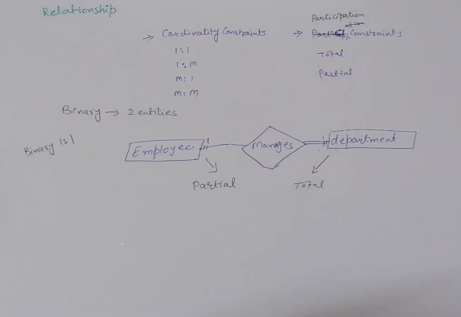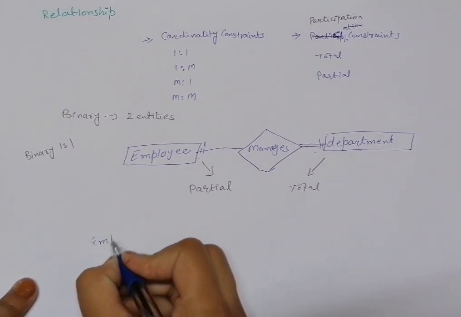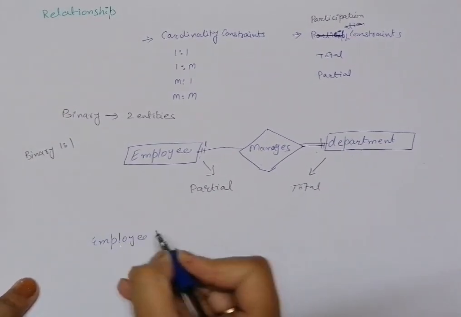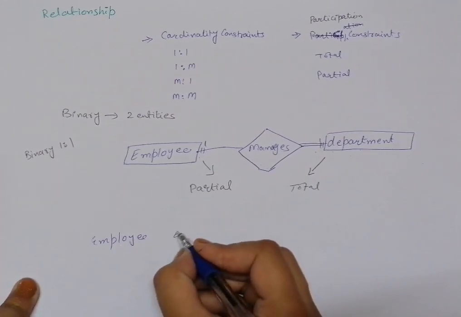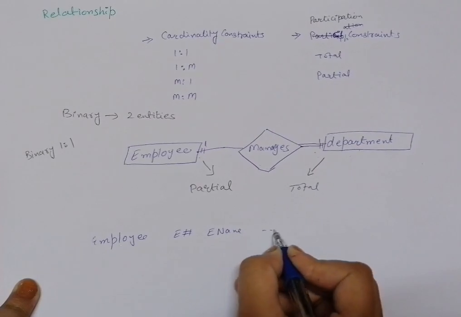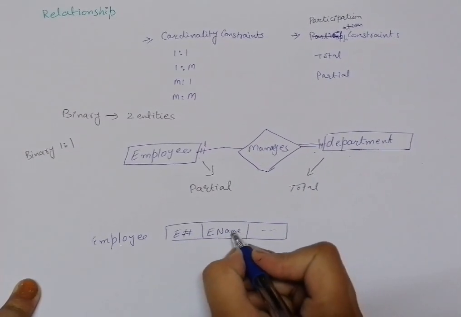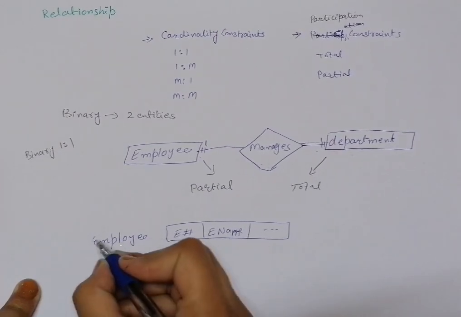So if I draw the tables like this, if I have employee, and let's say this table has certain attributes: employee number, employee name, and xyz, like this. It may have any attributes. I'm not going into the detail of the attributes.